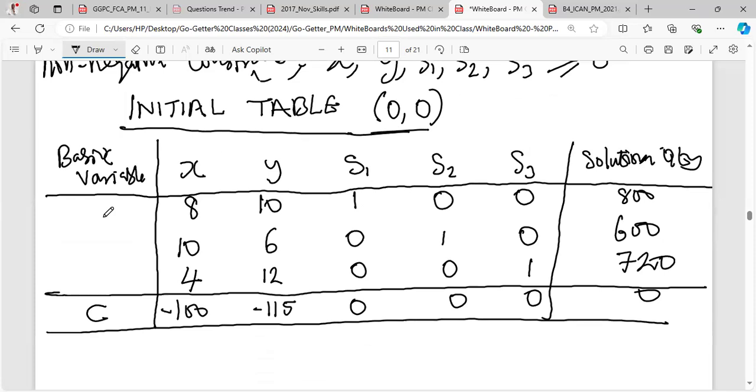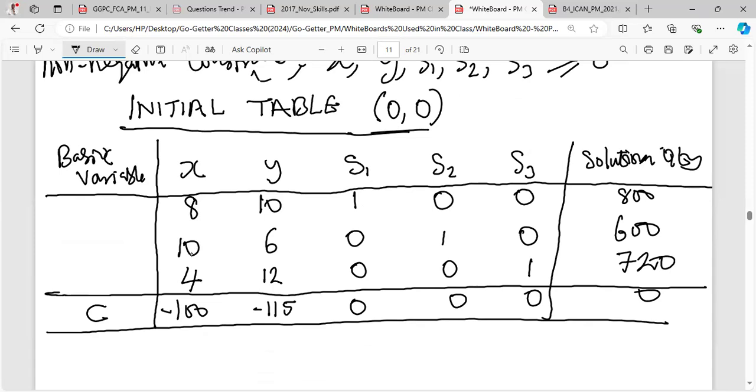What will our basic variable be? If x is 0, 8 times x is 8 times 0, that's 0. Y is also 0. 10 times y is 0. So we have 0 plus 0.